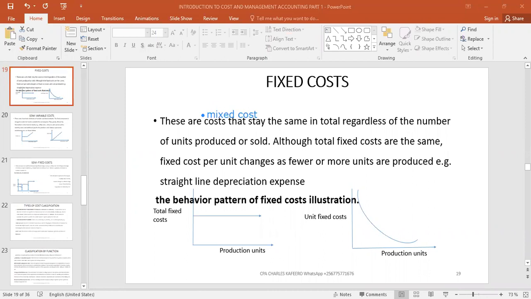Then this one is our total fixed cost. We can call it A. And this is our variable cost. But the variable cost has a component, has units, number of units, times the variable cost per unit.